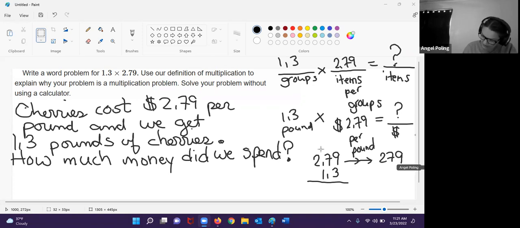So we treat these like whole numbers. And then we multiply as if they were whole numbers, right? So 3 times 9 is 27, right? 3 times 7 is 21, 23. 3 times 2 is 6, 7, 8, right?